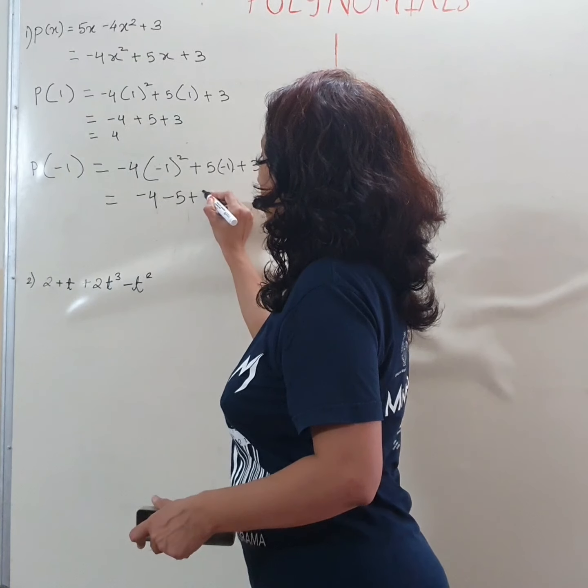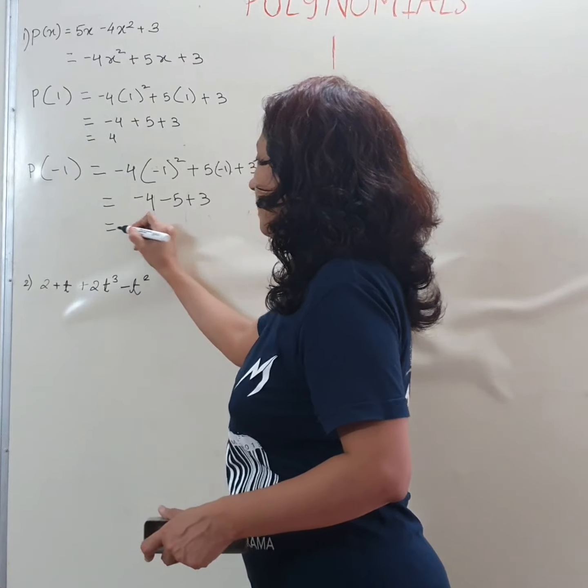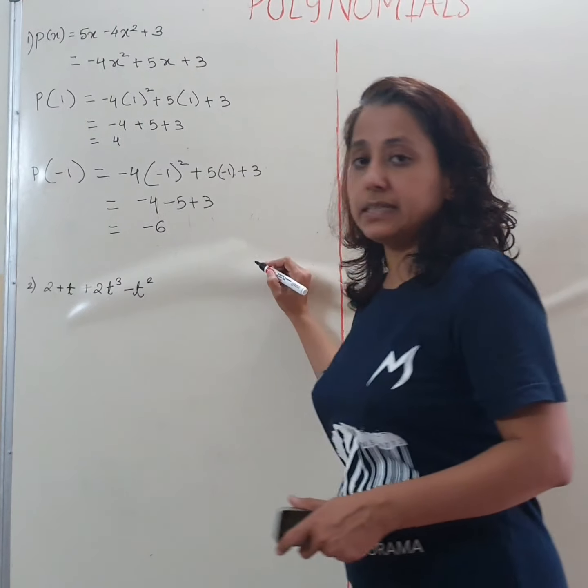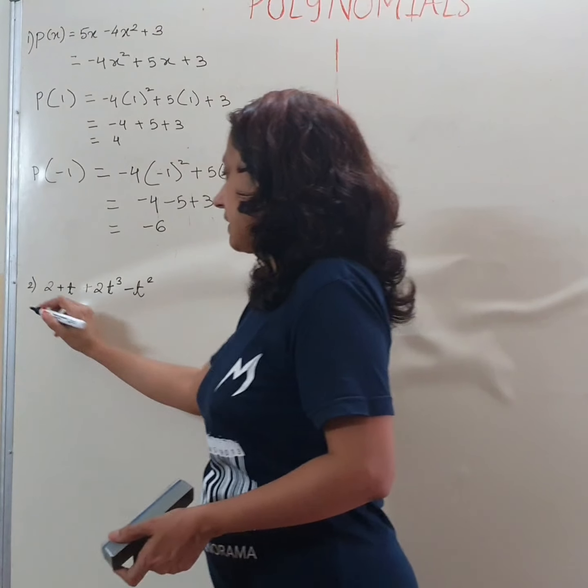So here you can see that the value of the polynomial is becoming minus 6.